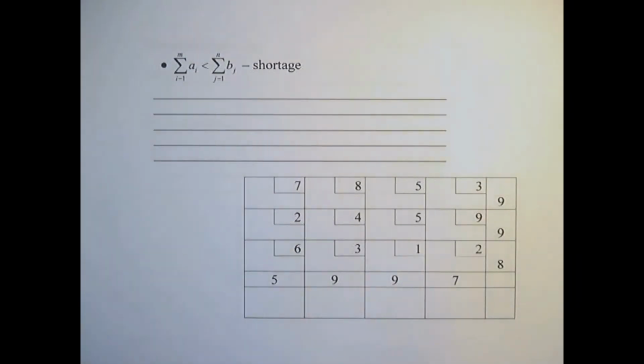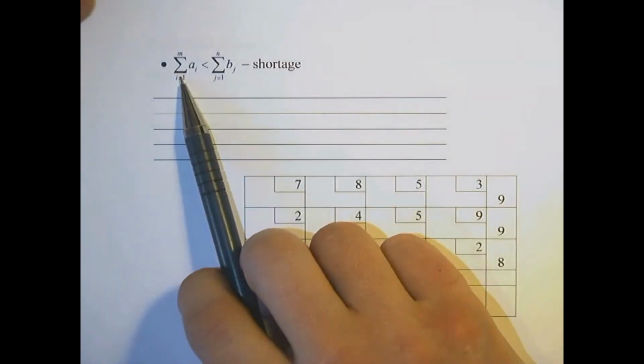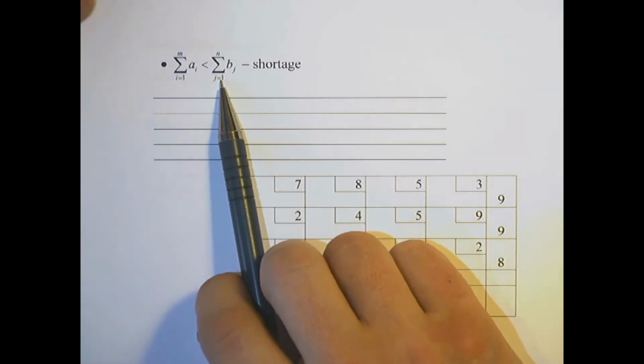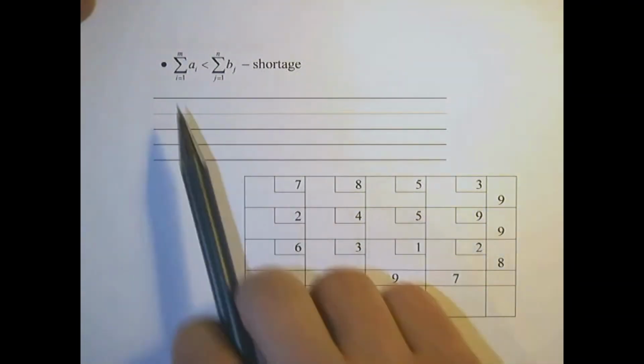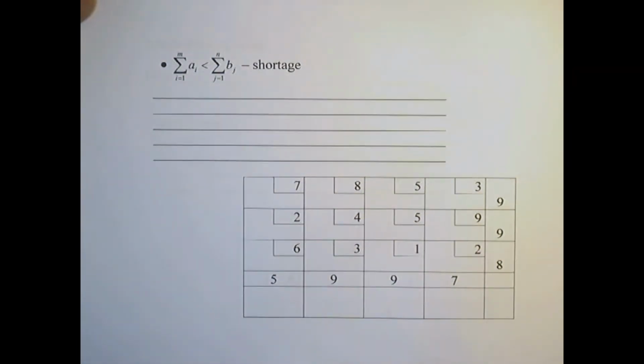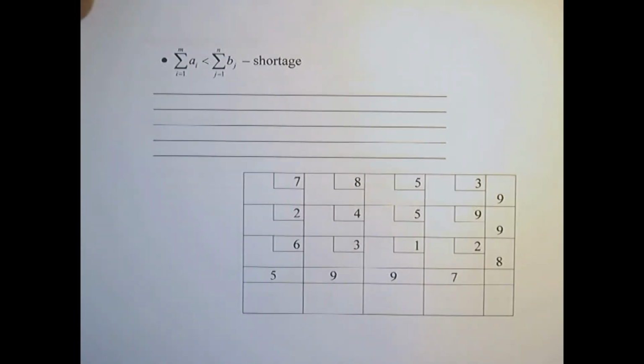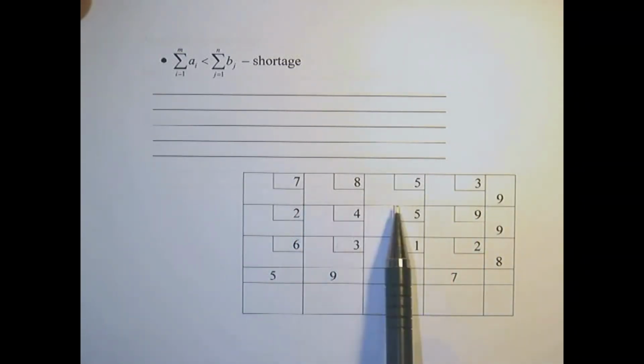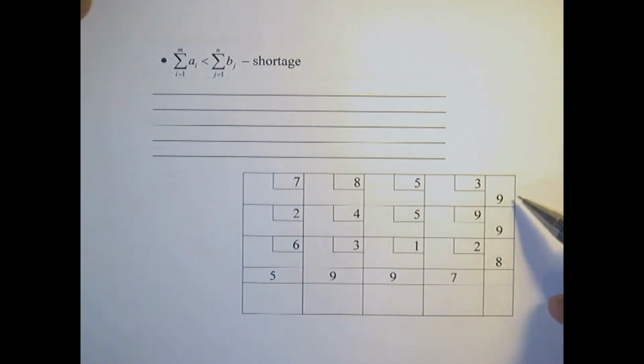The second case is shortage. When we consider the total production volumes and the total demand, and the total production is less than the total demand, it is the shortage case. Let's consider an example in which, once again, the first supplier produces 9, the second produces 9, the next produces 8.